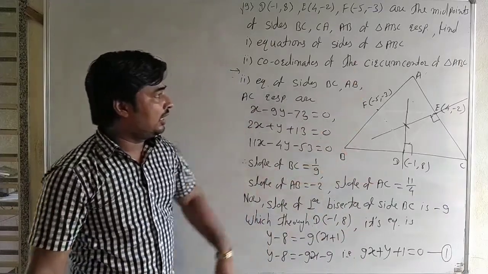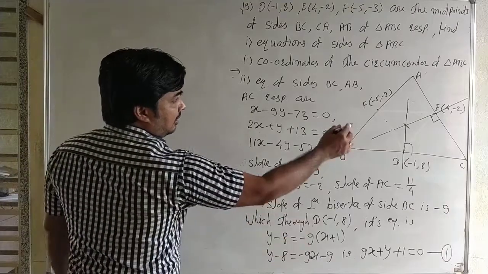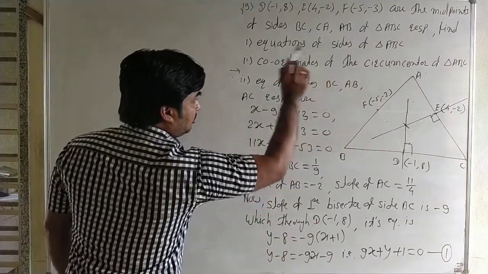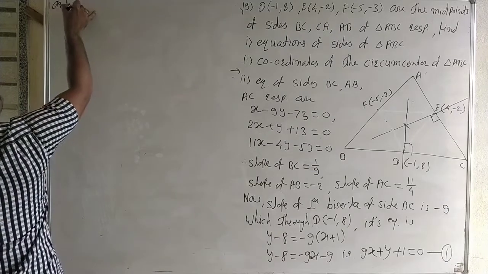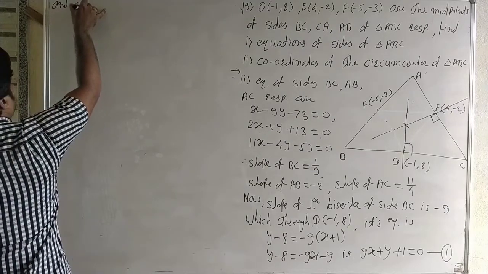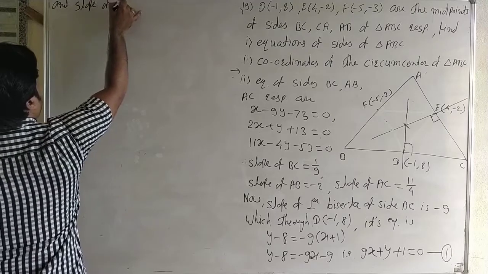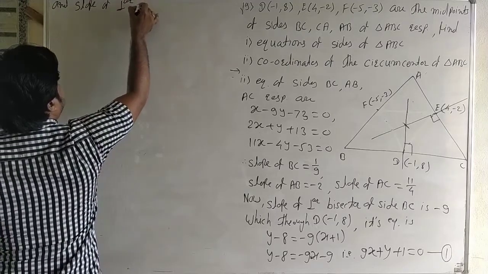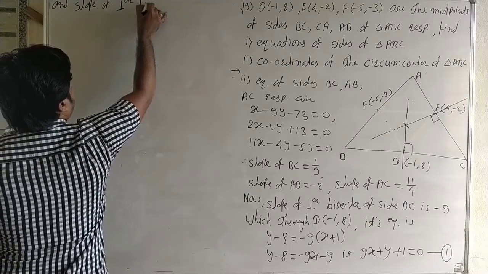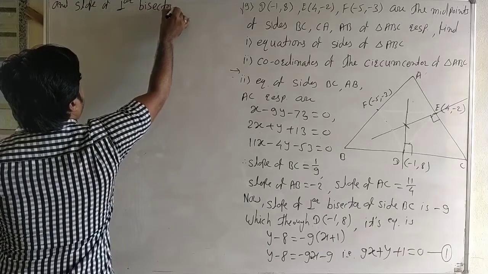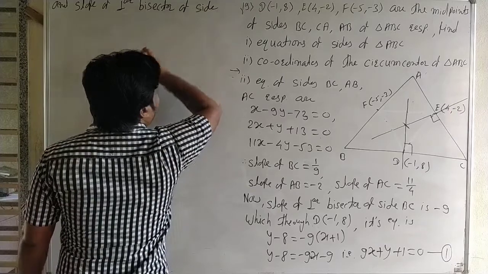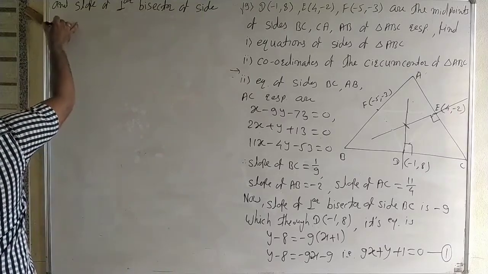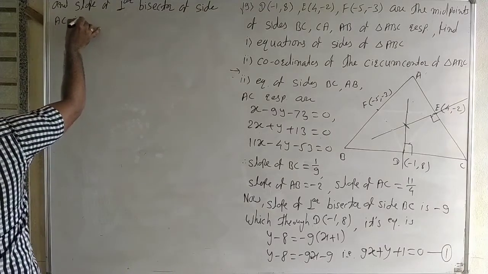Of triangle ABC. Now we find the equation of the second perpendicular bisector, of side AC.